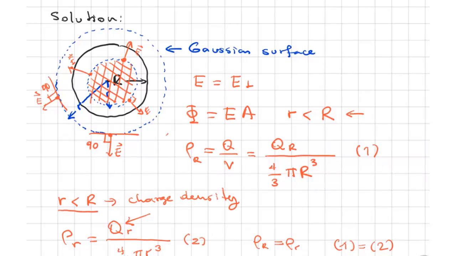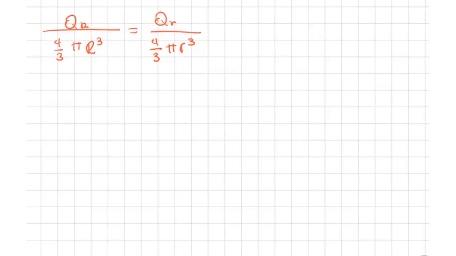We can equate those two equations, and the result is Q uppercase R divided by 4/3 π R cubed equal to Q lowercase r divided by 4/3 π r cubed.